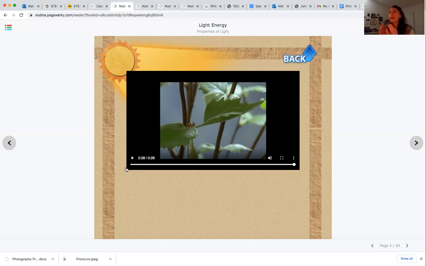So again, don't see this as a standalone resource. It's a stimulus to create what you're already doing in class, which it sounds like you're doing brilliantly, with the 3D activities and big ideas in science. So use that as a stimulus for the in-class inquiry or the outside in the garden inquiry and observation.